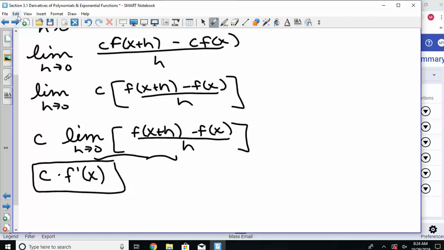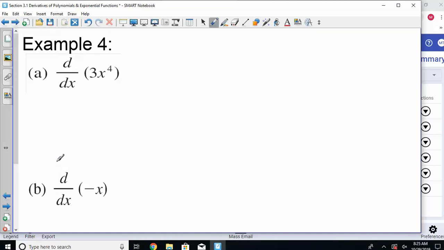So let's try a few. The derivative of 3x to the 4th, what would that be? Derivative of x to the 4th is just 4x cubed times our 3, so this is 12x to the 3rd.